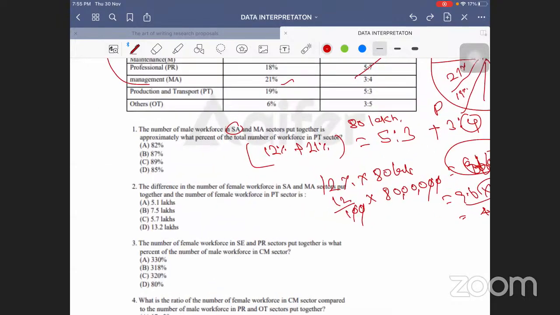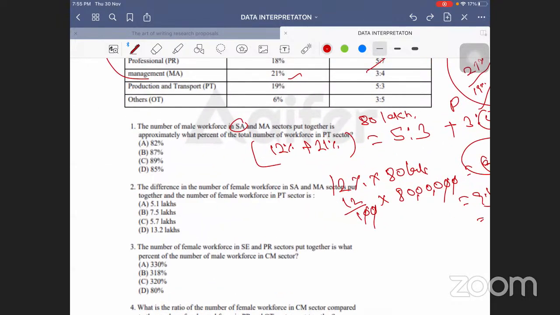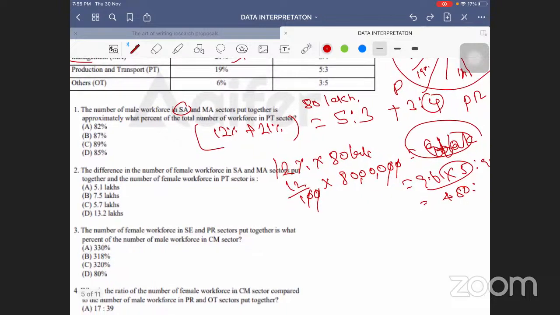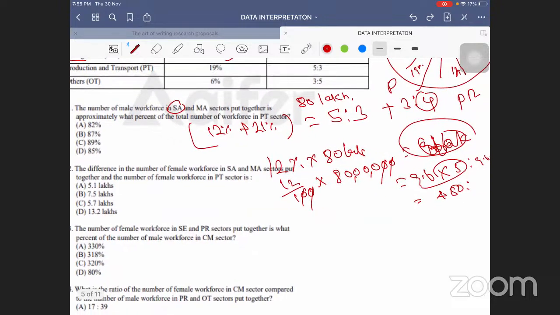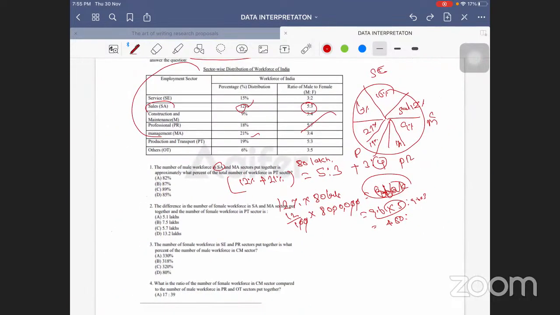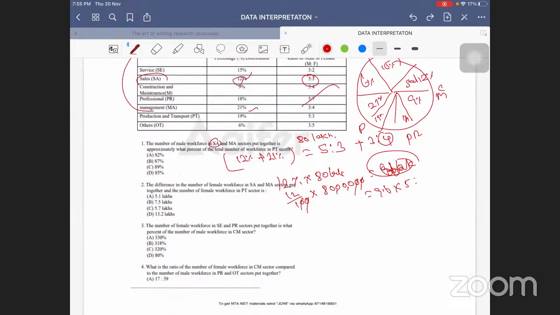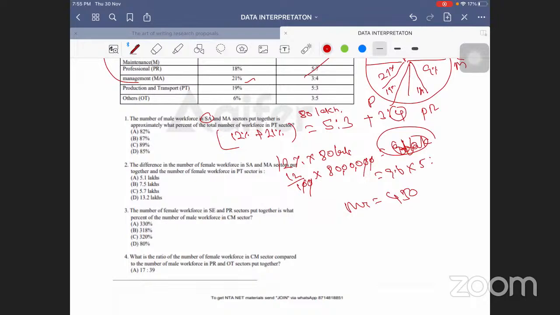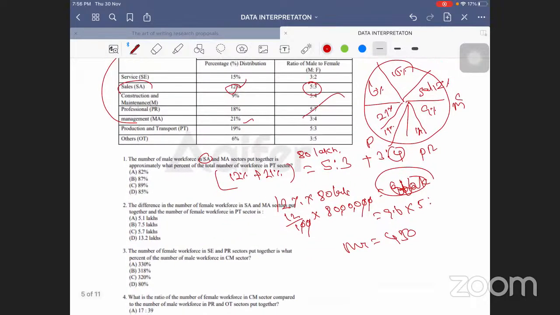So what is the answer for the first sum, the number of workforce in SA? So total male is 450 for sales.